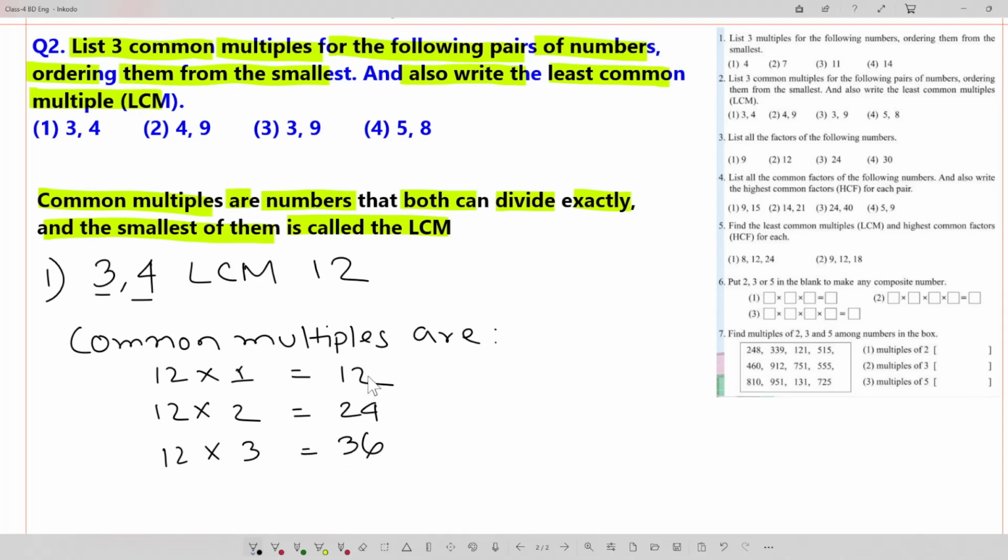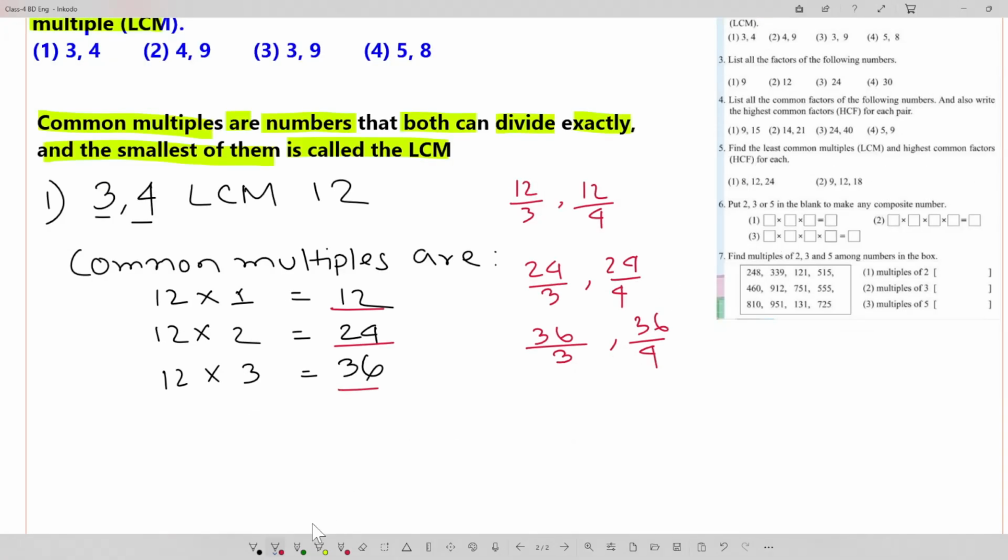Now look, we can divide 12 by 3 and also by 4. Similarly 24 we can divide by 3 or 4. Finally 36 also by 3 or 4. So 12, 24 and 36 are common multiples.